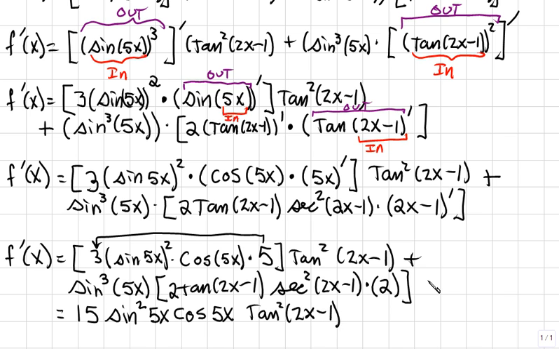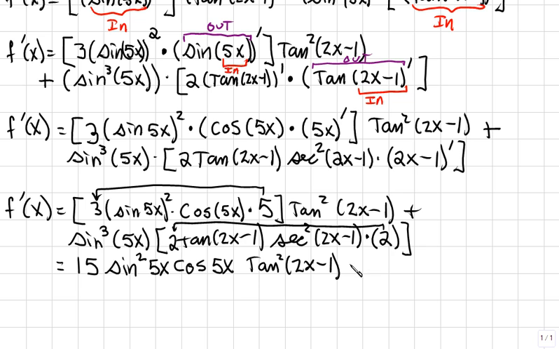For a second term, we see that we multiplied sine cubed of 5x times 2 times tangent of 2x minus 1 times secant squared of 2x minus 1 times 2. The single factors of 2 and 2 we can multiply and write in front again. So this will become plus 2 times another 2 will become 4.